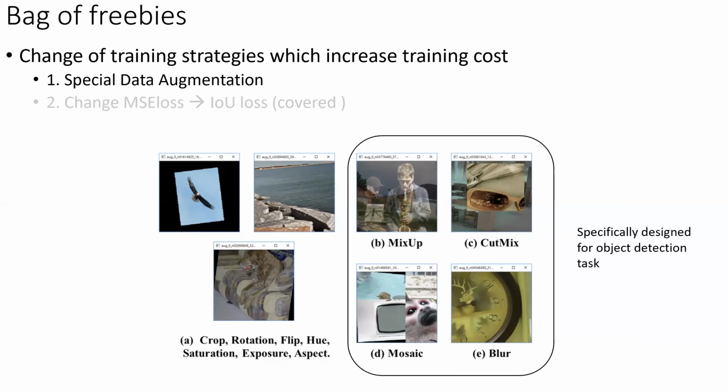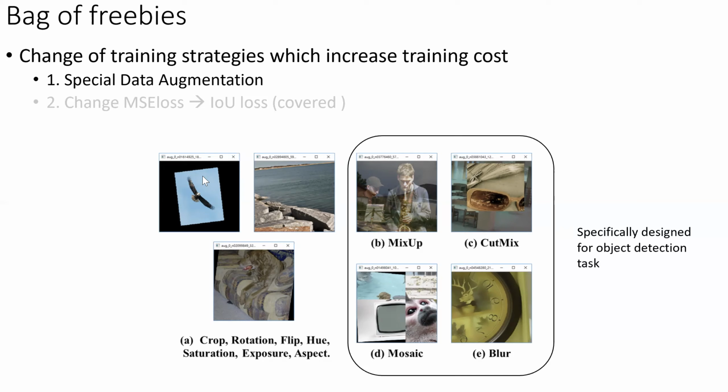Okay. So YOLOv4 also introduced some tricks. The first type of trick they called bag of freebies. I don't know why they gave it this name. It's just changes of some training strategies. The first one is they use some special data augmentation.